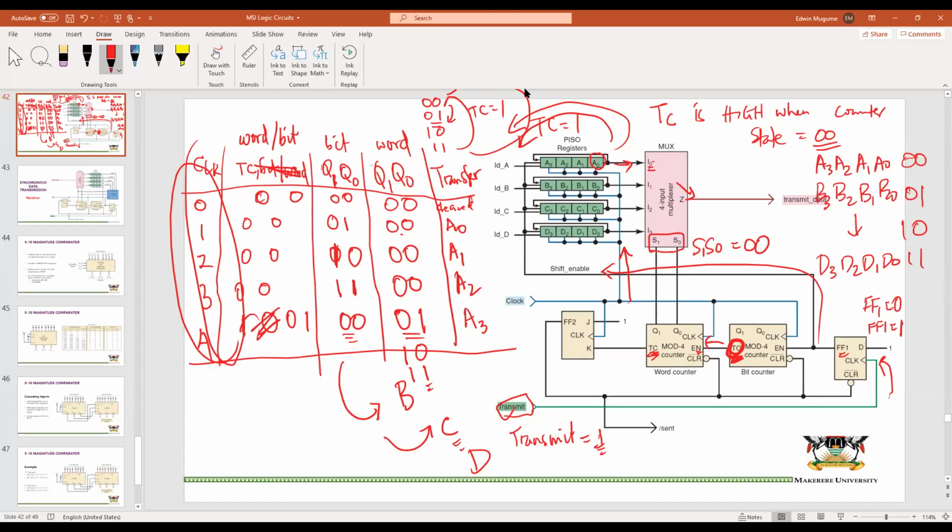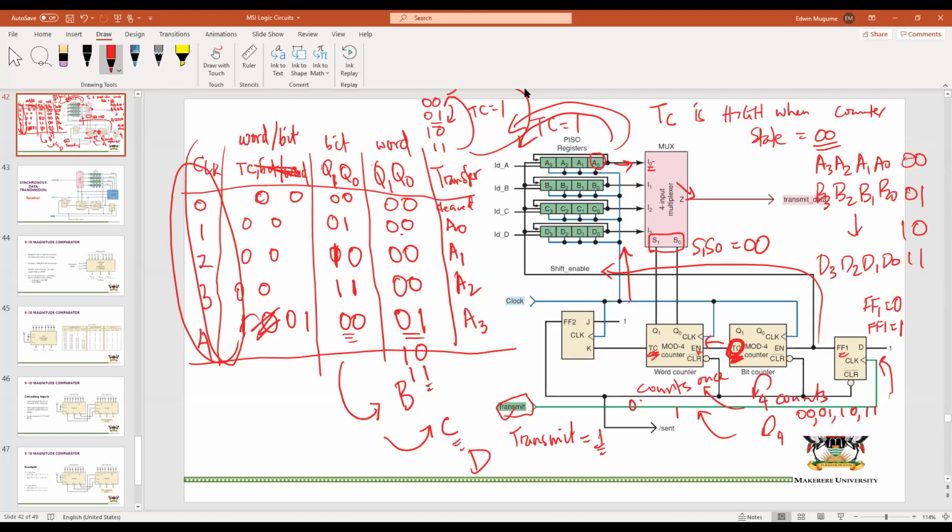Okay, so the idea of TC here is that when this one has gone through 4 counts, this one counts once. And when this one goes through another 4, this one counts another 1, and so on and so forth. So that means that this one will do 0, 0, 0, 1, 1, 0, 1, 1 4 times.